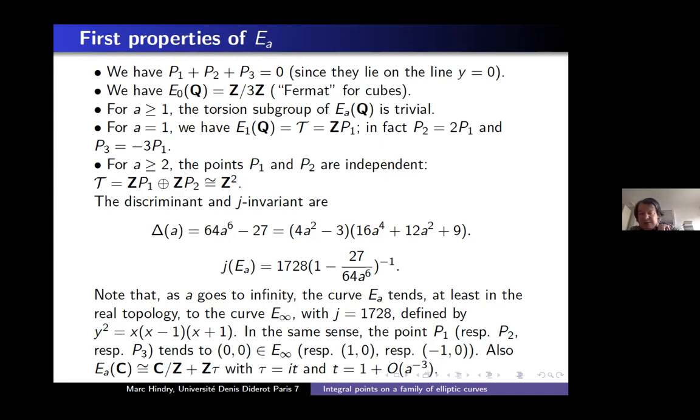In some sense, if you look at the equation and rescale it, you can see that the points P1, P2, and P3 tend to the two-torsion points on the curve at infinity. This will be important in the last part of the proof of the main theorem.